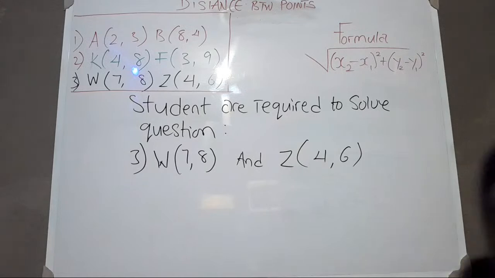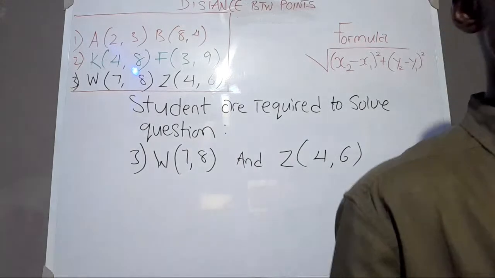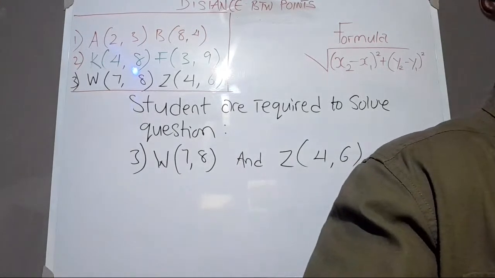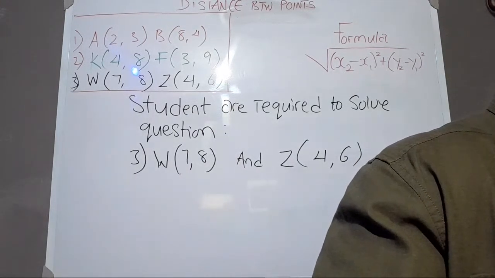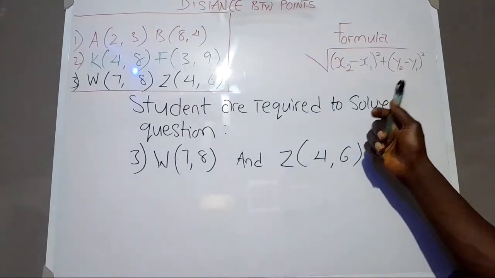Let's not forget, the very first thing we have to do is to write down our formula, and with that, we can plug in the whole thing. And over here is the formula.